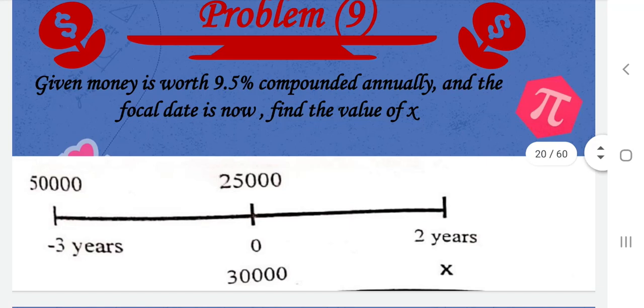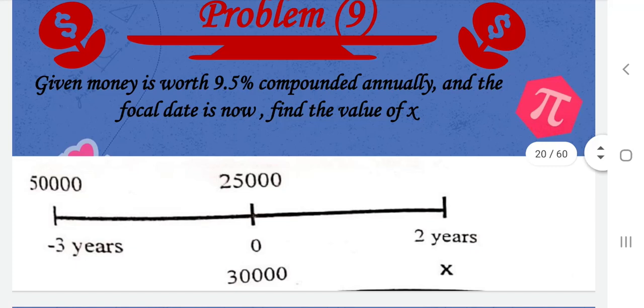The main formula depends on the position of focal date. The focal date here lies between the maturity values of old obligations and the new obligations. So sum of old obligations will get amount or future value, and the other will get present value. Also in new obligations.